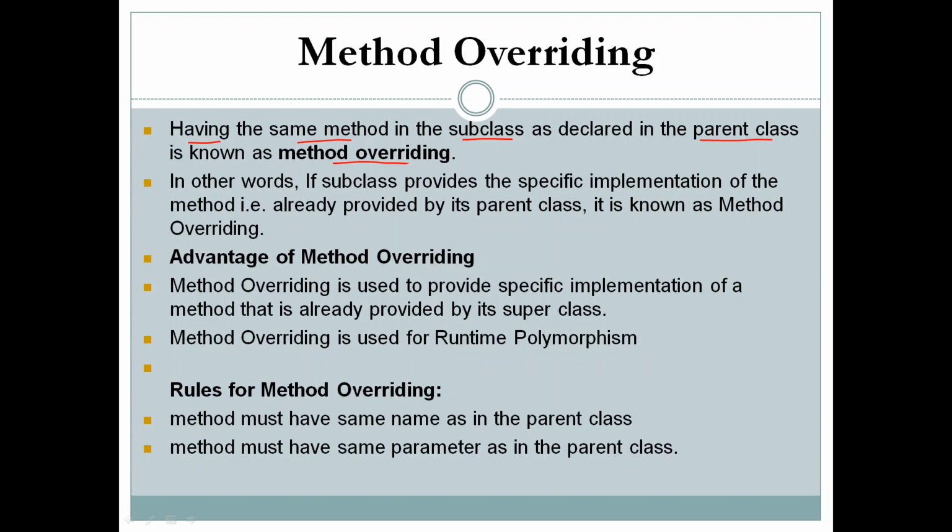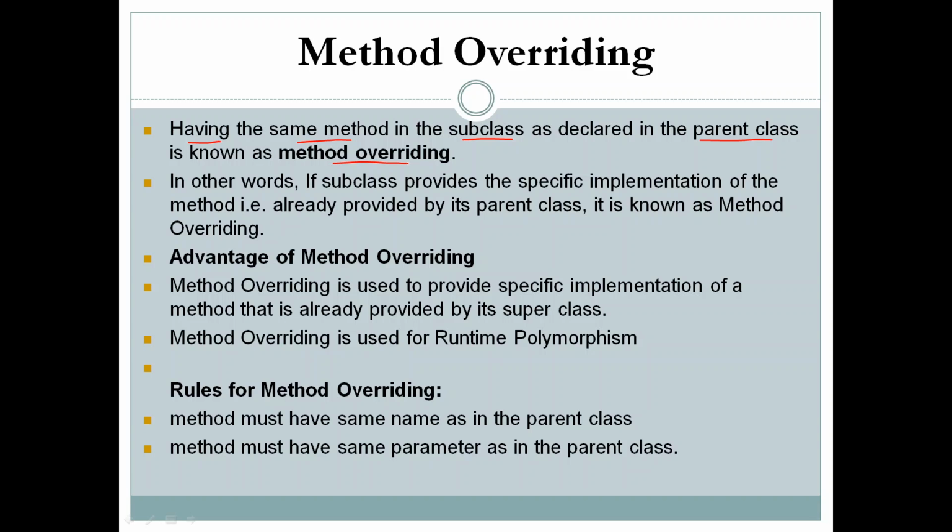Now we have seen what is the parent class or superclass and what is a subclass. If we have two classes and class 2 is inheriting the properties from class 1, or class 2 is extending class 1, then we can say class 2 is the child class and class 1 is the superclass.